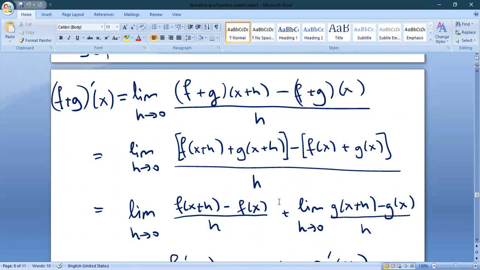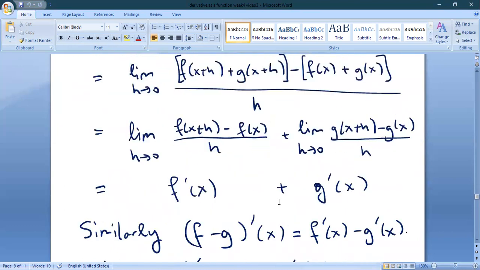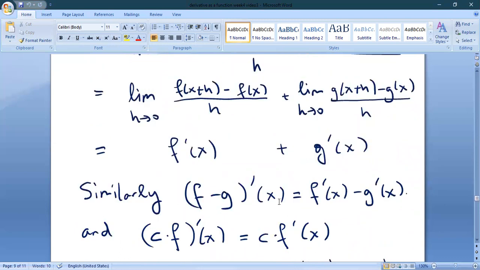The group of f terms, as you see, is nothing but the limit definition of derivative for f, and the second limit is actually g prime. So f plus g prime is equal to f prime plus g prime. Very simple. And similarly, we can also show f minus g prime is equal to f prime minus g prime.